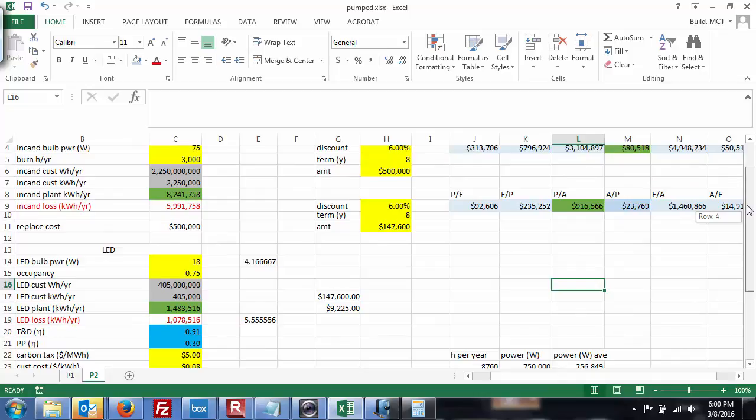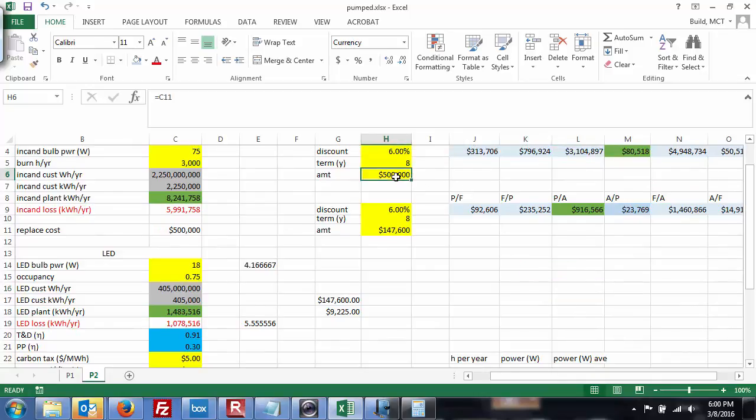So they're losing 500 grand now if they actually spend it now, and they're going to lose 147,000 per year, which means they're basically shucking out another $916,000 now. So this little calculator does all 6 calculations at once.